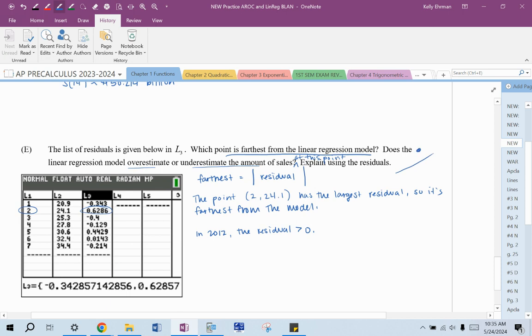But the question is saying, is the line over the point, or is the line under the point? The line is under the point in 2012 because of this positive residual. So in 2012, the residual is greater than 0. So the linear model underestimates the sales. All right, so that was our final question for this problem.